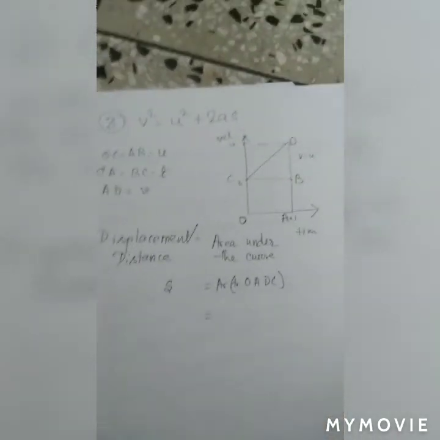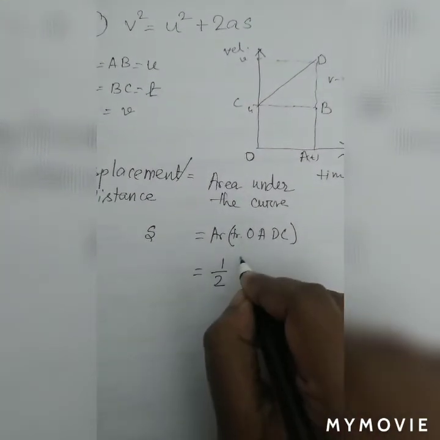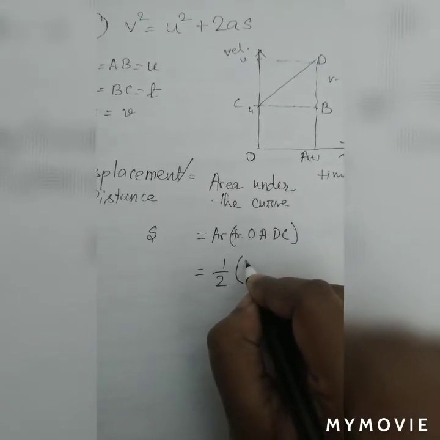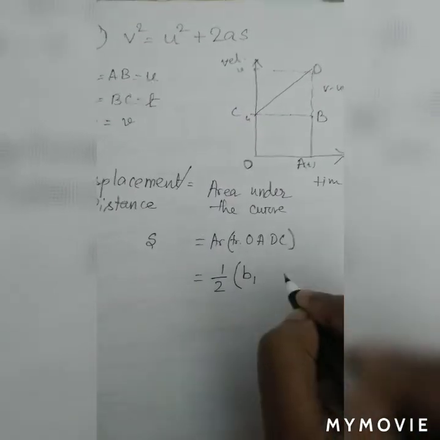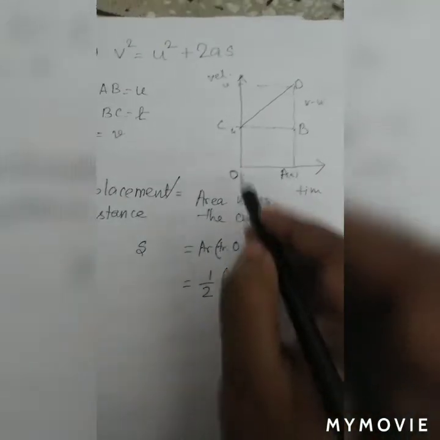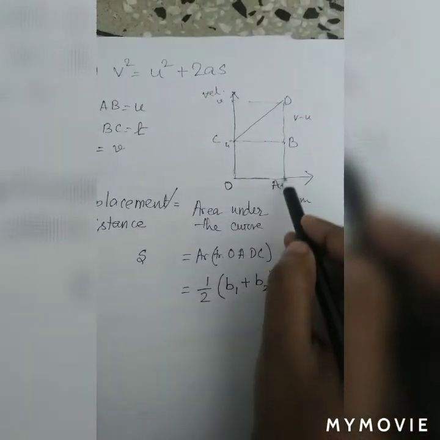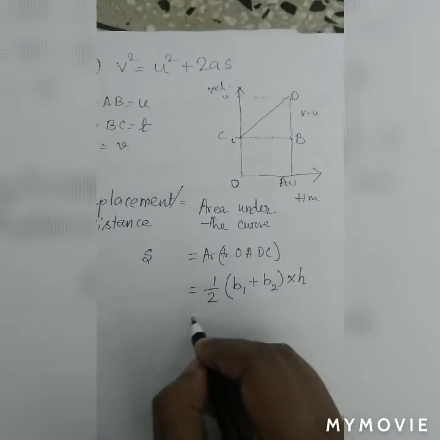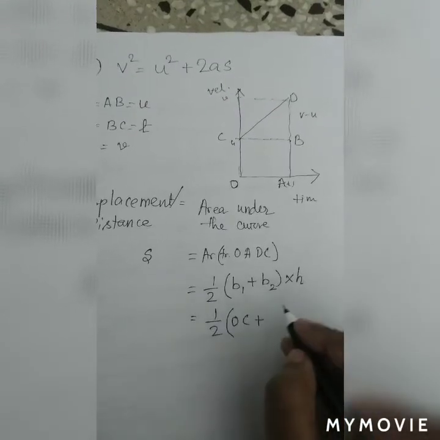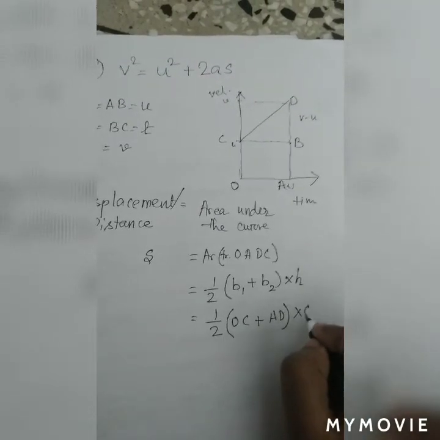So what is the area of a trapezium? Half into base 1 plus base 2 into height, where the bases are the parallel sides. So the first base is OC plus the second base, the parallel side AD, into the height, which is OA.